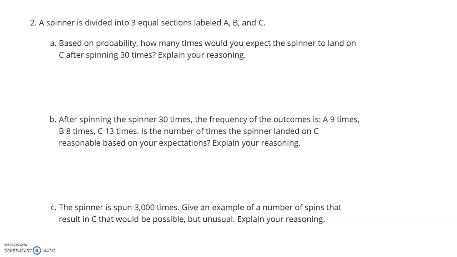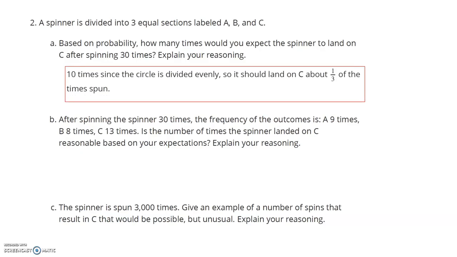So 10 times will be this probability. But if you think about how much that is as a proportion, that will be 10 out of 30, right? And that will be 1/3.